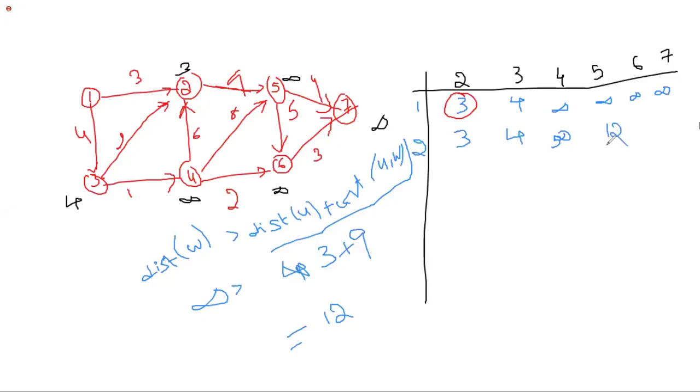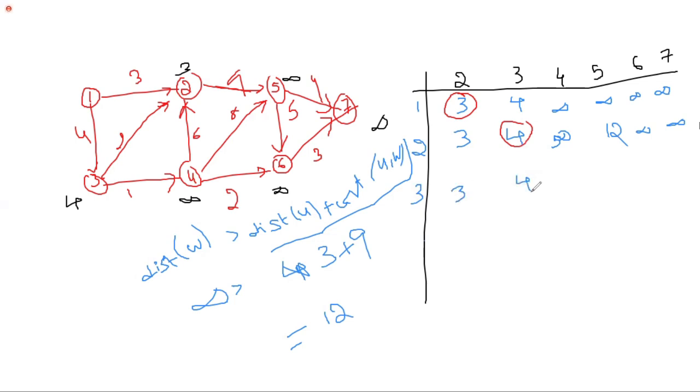See, next 12. Via vertex 2, is there any possibility to reach 6? No. Is there any possibility to reach 7? No. So I'm making it as infinities only. Next, among this, which one is minimum? Vertex number 3 is minimum, whose cost is 4. So next I'm making vertex 3 as my next vertex. From 1 to 2 it is 3 only, from 1 to 3 it is 4 only.